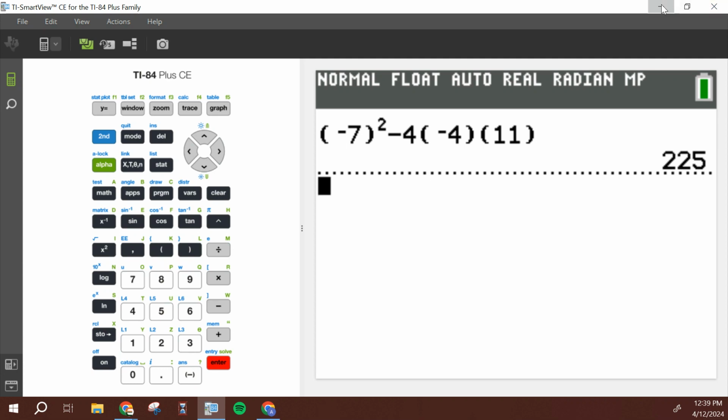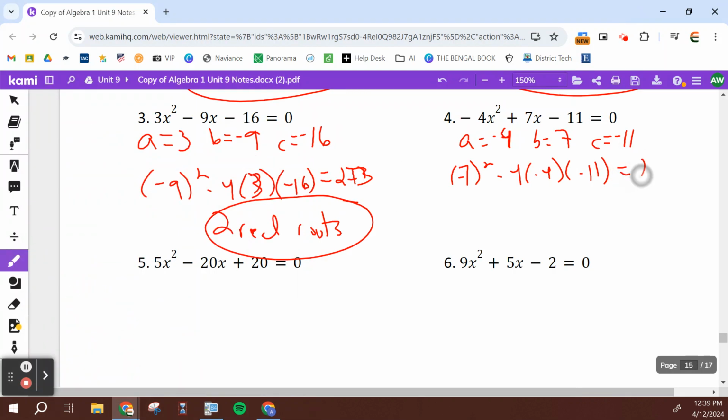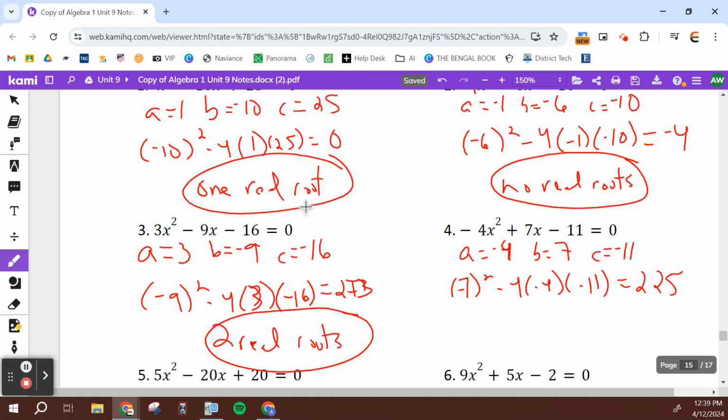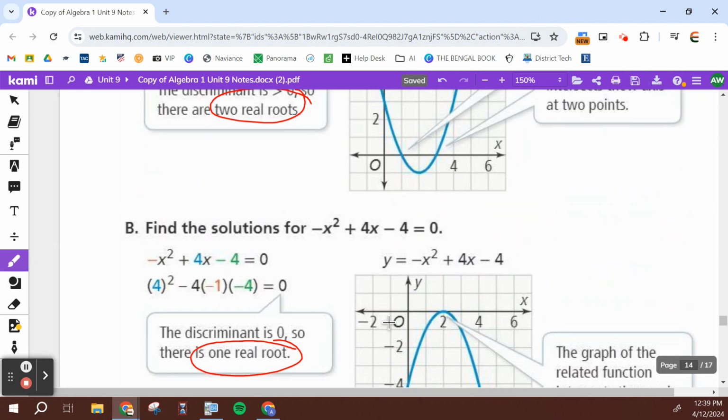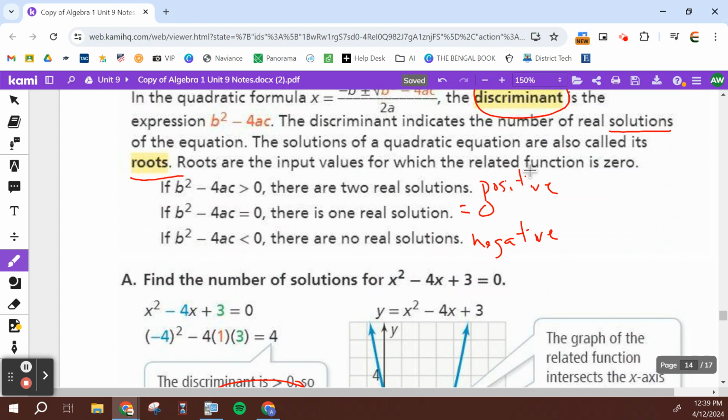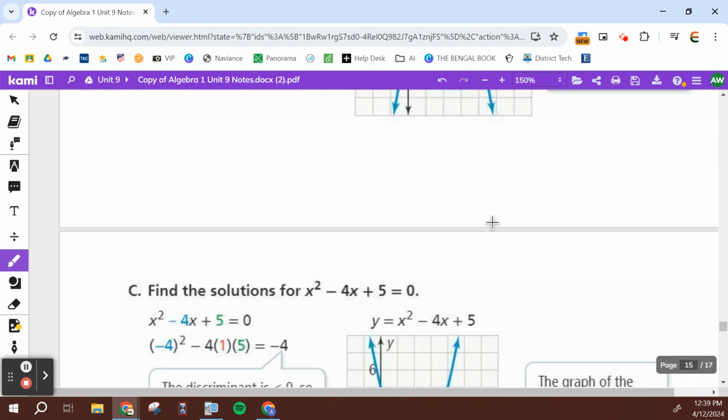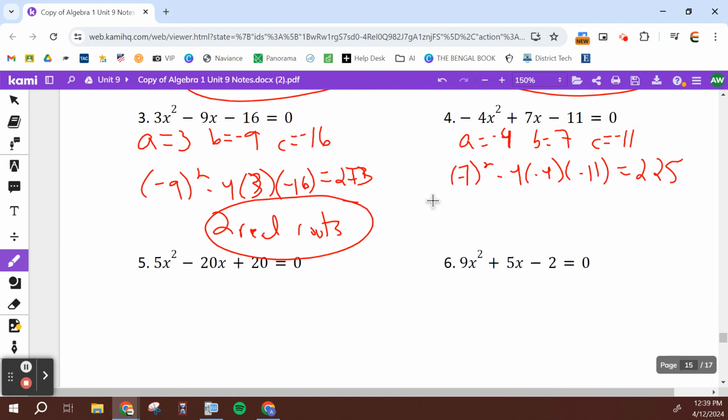We get 225. All we're checking is positive, negative, or 0. So if you need to go back up real quick, positive, we got to go way back up, positive 2 solutions, 0, 1, negative, no solution. So here we get a positive 225.